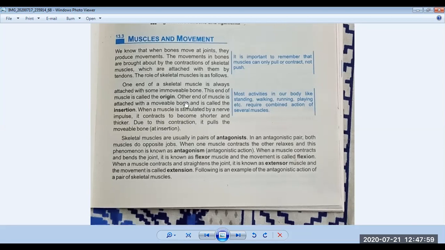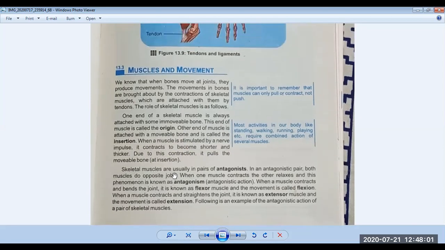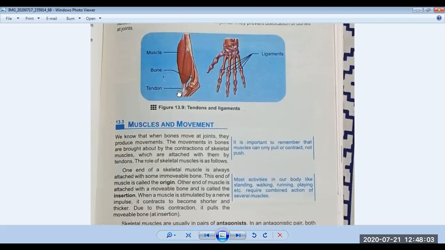Okay, so I will clear this point again with the help of a diagram. You can see this diagram. This is the arm bone, this is the upper part of the bone, and this is the elbow joint, and then there is the lower part of your arm. When a crawling baby sees a fire, definitely it will be attracted and go to the fire.